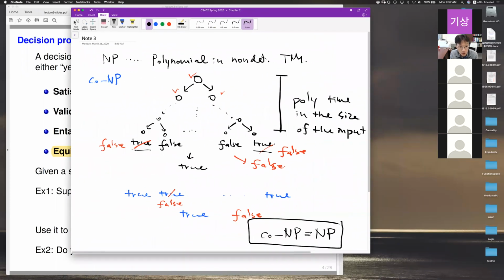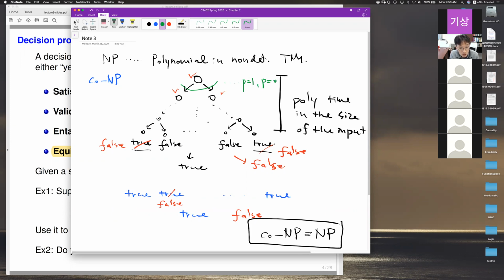I said NP really returns true if one path finds the true value. And in the co-NP case, it returns true when all the paths find the true value. Now, imagine that this branch only happens when we want to decide whether a certain propositional variable has a value true or false. So this branch really explores either the true case or the false case. A branch like this really boils down to setting some propositional variable to 1 and to 0.